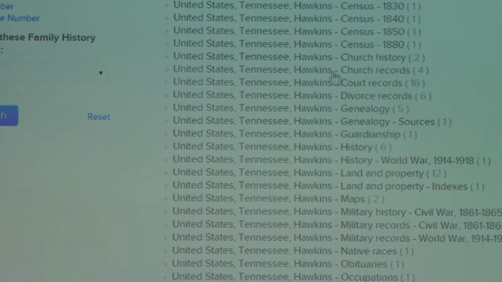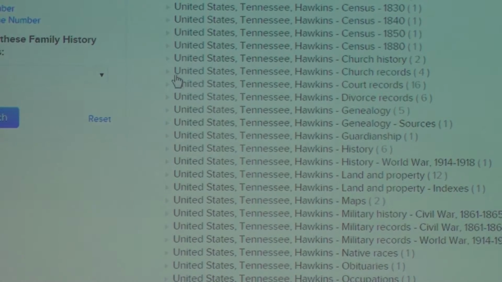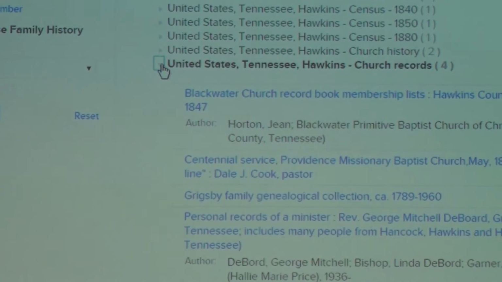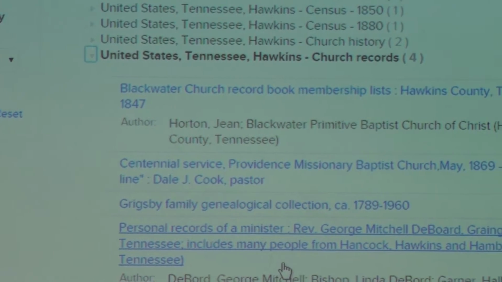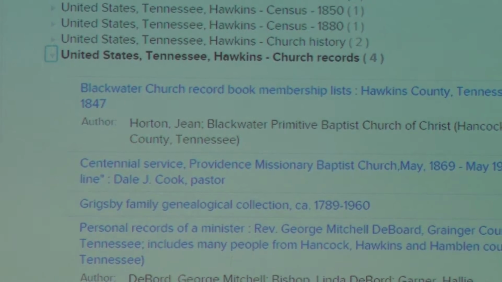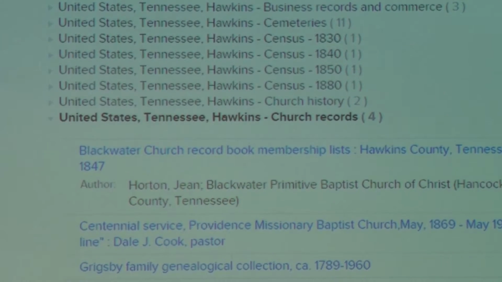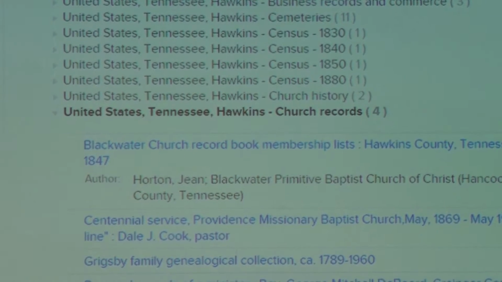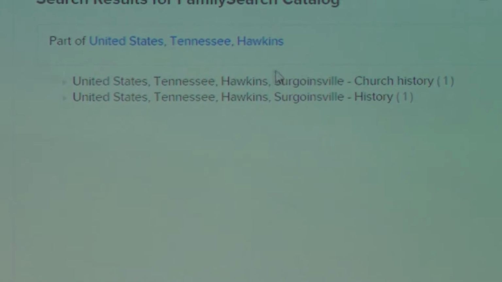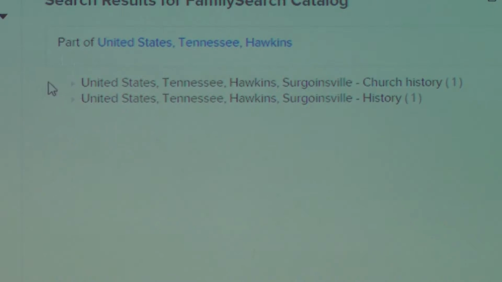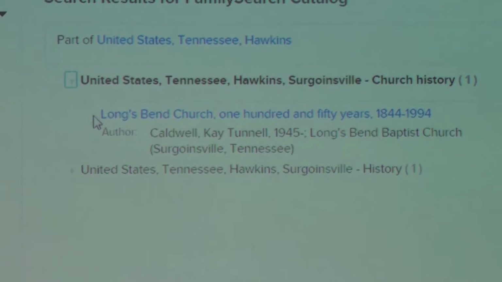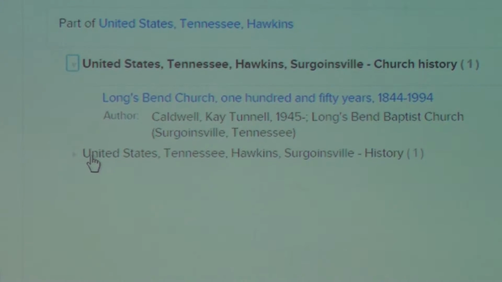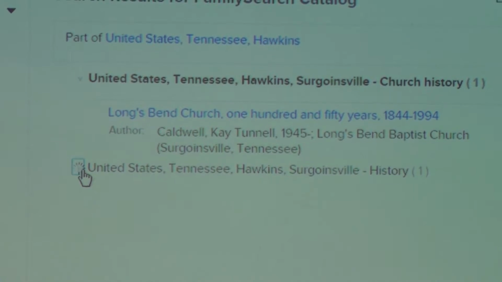In this case, I would look for church records. And we've got a couple of different types of church records here, but then we would look for places within Hawkins County, and there's your Surgeonville, and you have church history of the Long Bend Baptist Church, and then you have history of Hawkinsville, of Surgeonville.